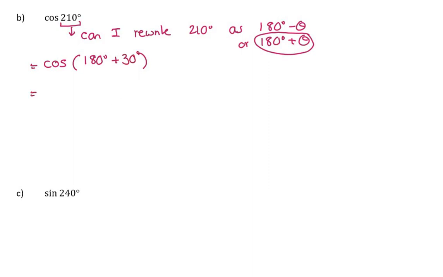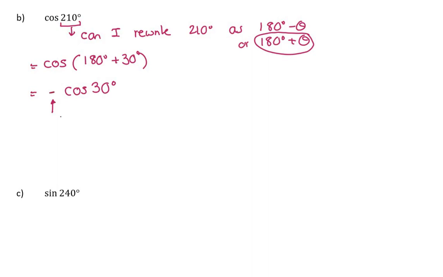Now I know that this can be simplified. This has a relationship with cos of 30. So I'm not dropping the 180, it's not disappearing. I'm just saying to myself, I've learned that there are 4 angles in the Cartesian plane and they are all related to each other. And cos of 210 is actually related to 30 degrees. The question is, is it the positive cousin of 30 or will cos of 210 be the negative cousin?